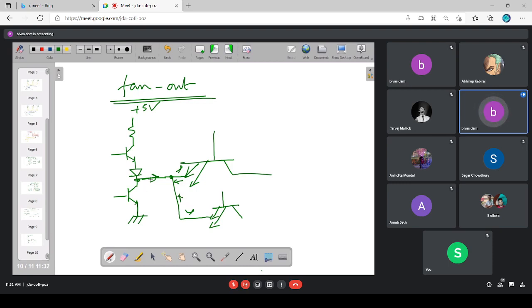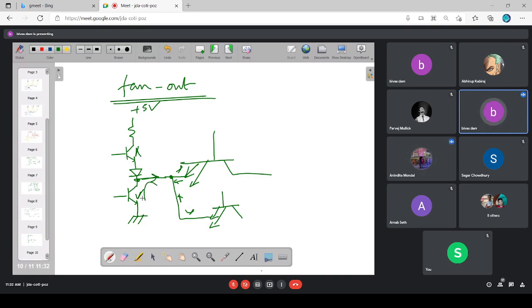Now under which condition will this output start sourcing current? When the output is in which state, logic 1 or logic 0? Logic 0. When it is logic 0, what happens? This is on, this is off.